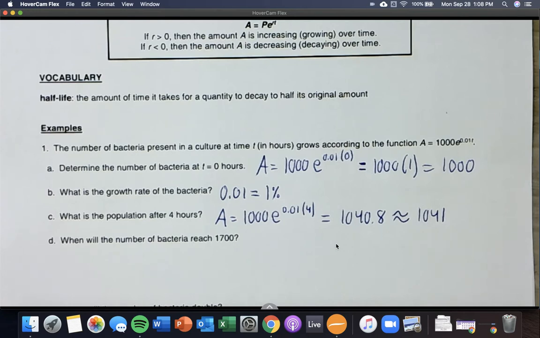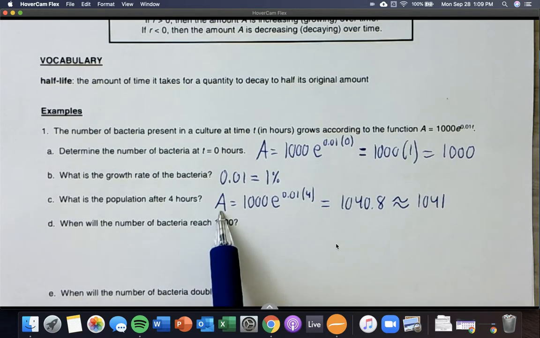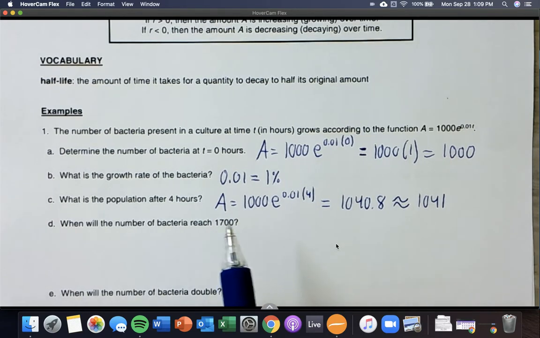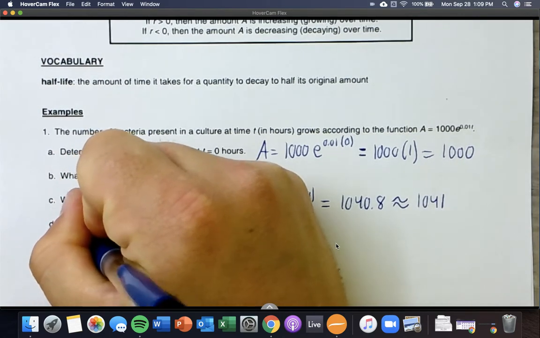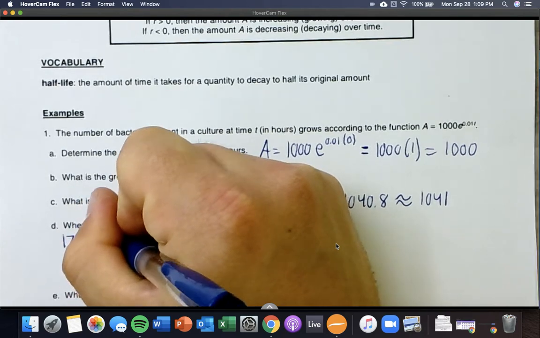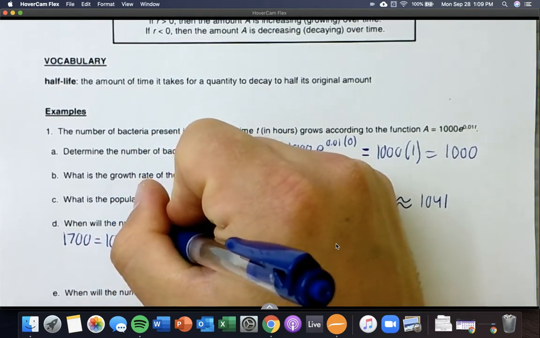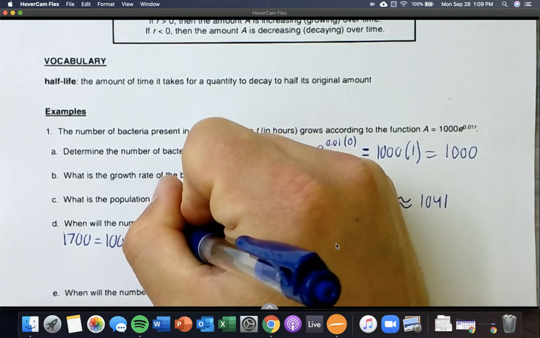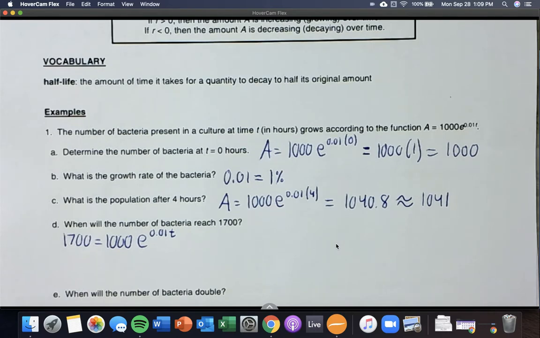Part D is asking, when will the number of bacteria reach 1,700? So what this is asking is, now we know the amount, and we want to know the time. So we would plug in the amount, 1,700, and that's going to be equal to 1,000 times e to the 0.01t.